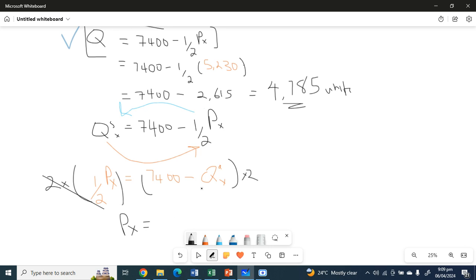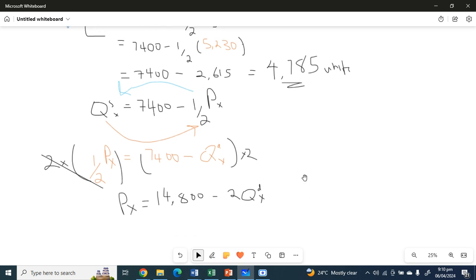And we're going to say 2 times 7,400, 14,800, minus 2 QX. Yes, so this is the inverse demand function.